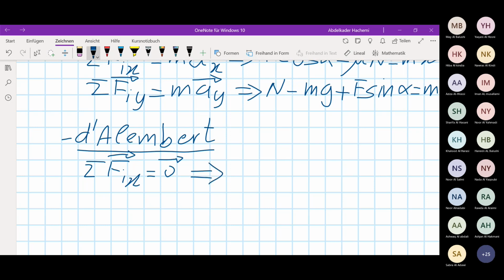Then we get here minus m x dot dot minus mu N plus F cosine alpha equal to 0. Sorry, not phi, alpha.